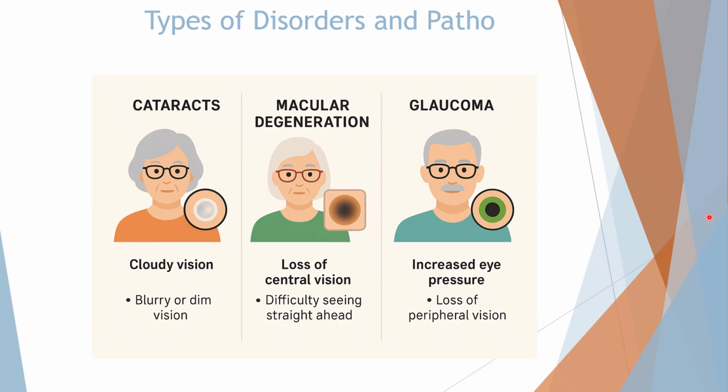Glaucoma is a group of eye disorders resulting in increased intraocular pressure. Okay. So anyone with glaucoma is going to have that increased eye pressure. If left untreated, it can result in a loss of sensory or peripheral vision. Okay. There's two different types.